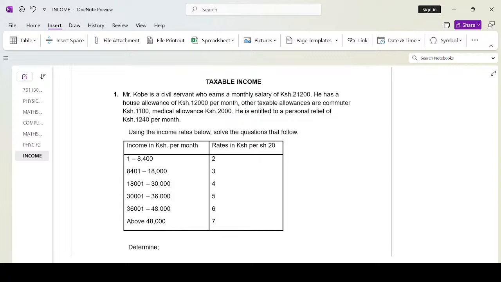Other taxable allowances are commuter, Kenyan shillings 1,100, medical allowance 2,000 shillings. He is entitled to a personal relief of Kenyan shillings 1,240 per month. Using the income rates below, solve the questions that follow.